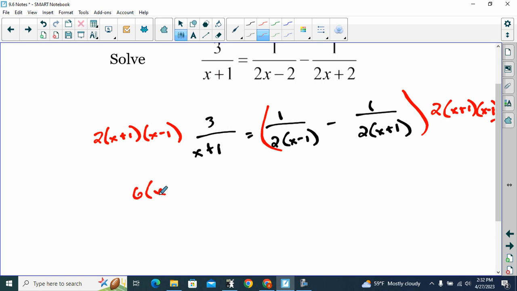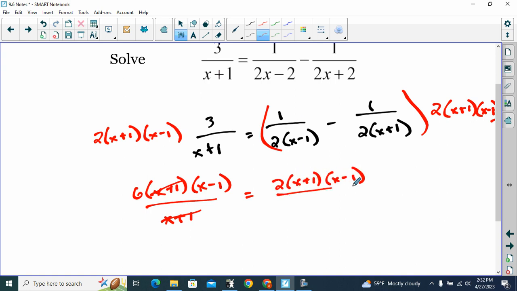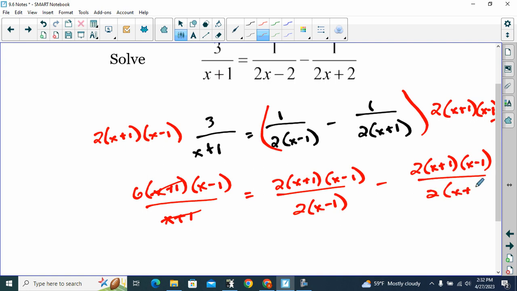So I get 6 times x plus 1 times x minus 1 over x plus 1. Distribute here. And all of our denominators cancel out.